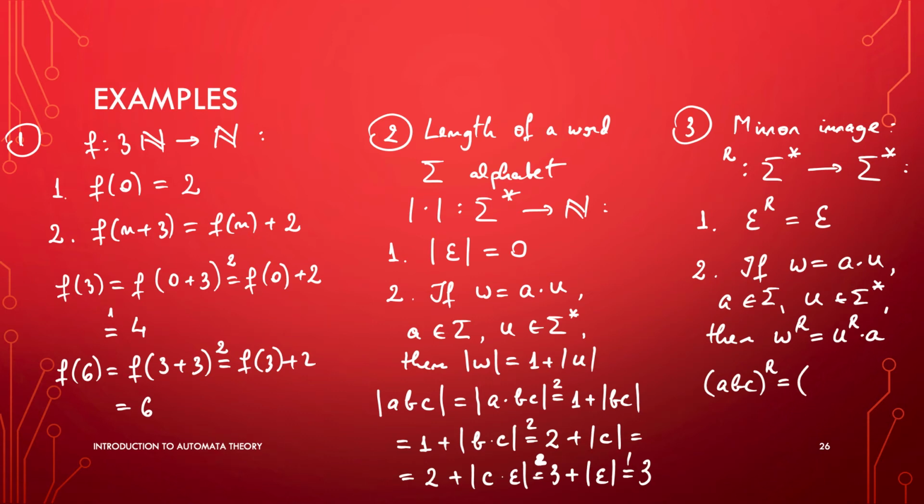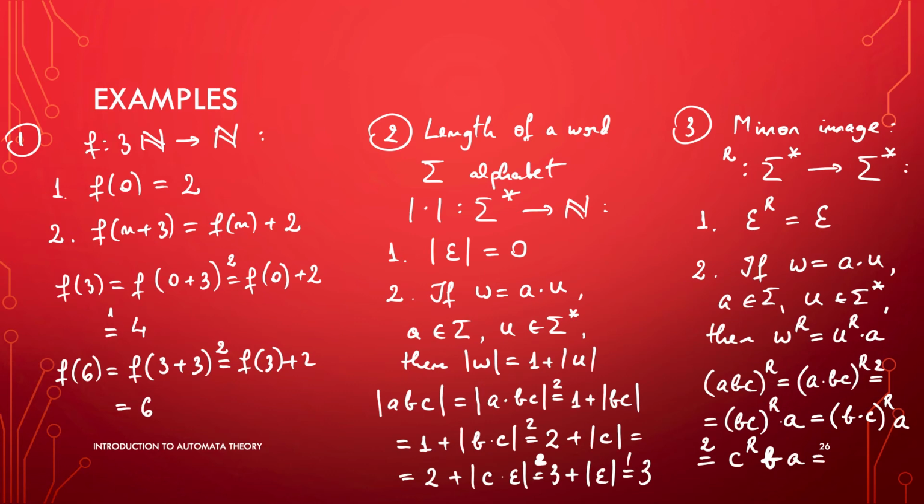So we first realize that word ABC is formed as the concatenation of letter A with the word BC, and so by condition 2, this is going to be equal to the mirror image of BC times A, and then we check and we realize that word BC is letter B times word C. And so again, by condition 2 in our definition, that's going to be the reverse image of word C times, or concatenated with letter B, and then we have still letter A from here.